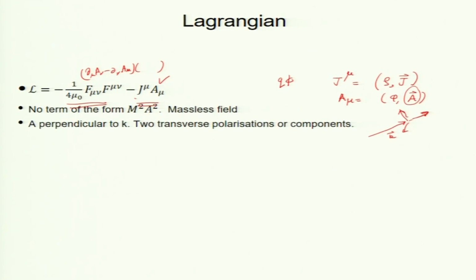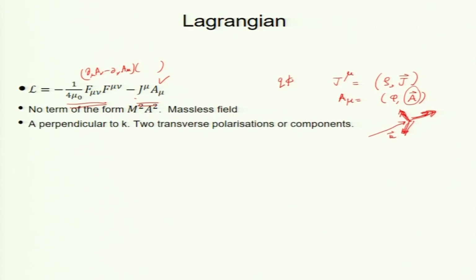So, we have 2 transverse components, and these are the polarizations. Right circularly, left circularly polarized, or polarization in this way or that way. We do not have polarization of photon along the k vector. It follows from mathematics.